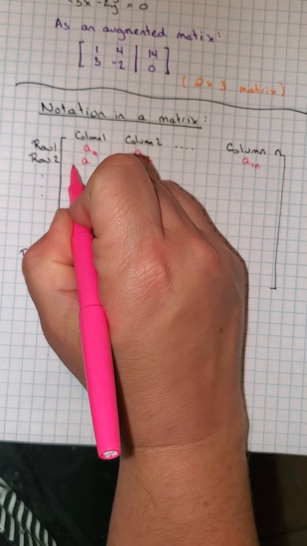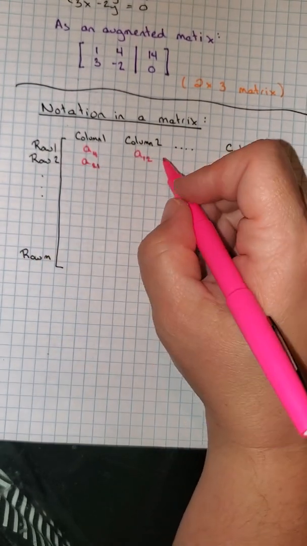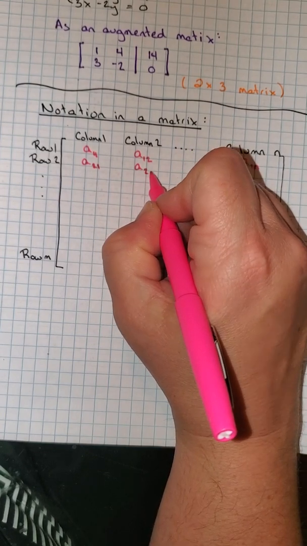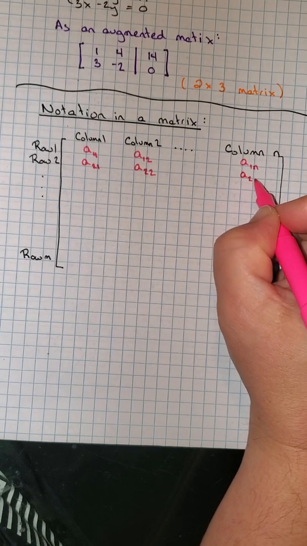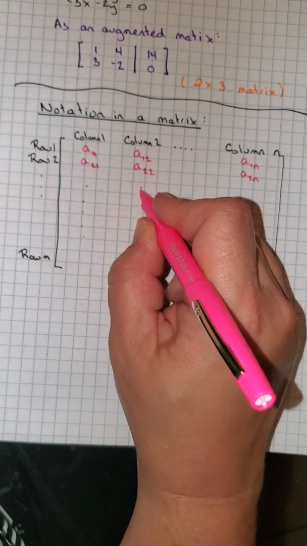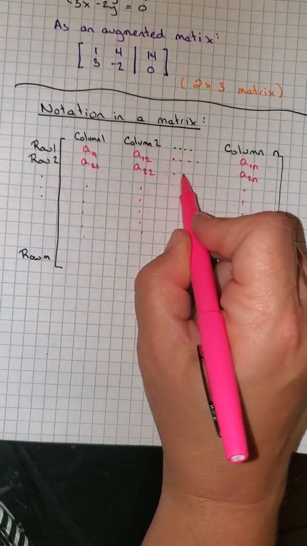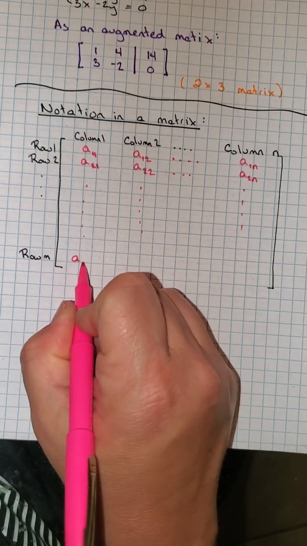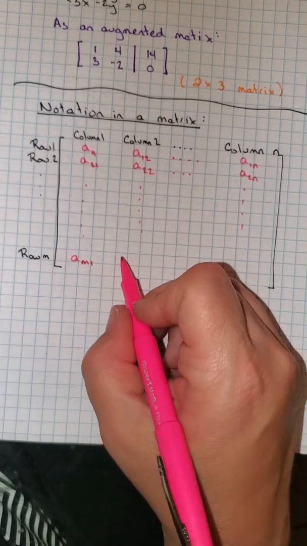Now this one is part of row 2, so you do row 2, column 1. This one is identified as row 2, column 2, all the way down to row 2, column N. And you would continue this way across and down until you got to A, row M, column 1.